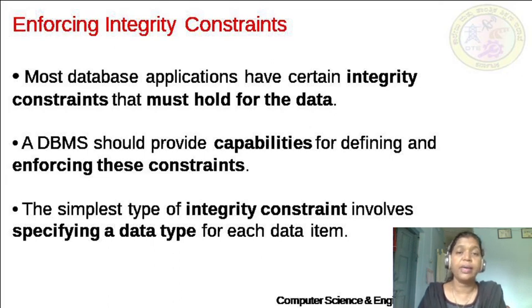It has to be taken care of by whom? DBMS. And the simplest form of defining an integrity constraint is just defining a data type for each data item. For each and every data item I am going to specify the data type. For example, name should always be characters. Semester should always be what?